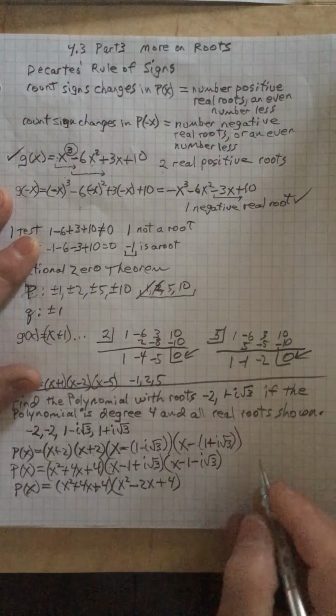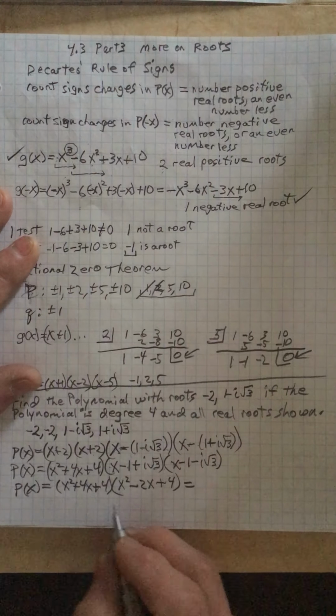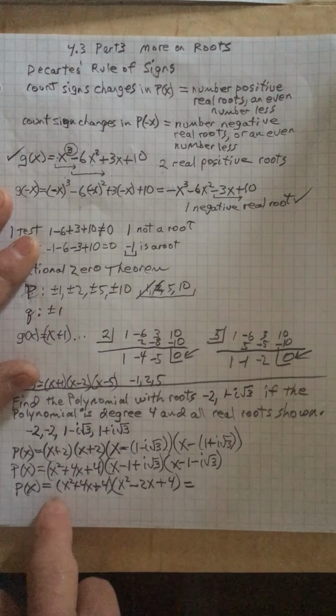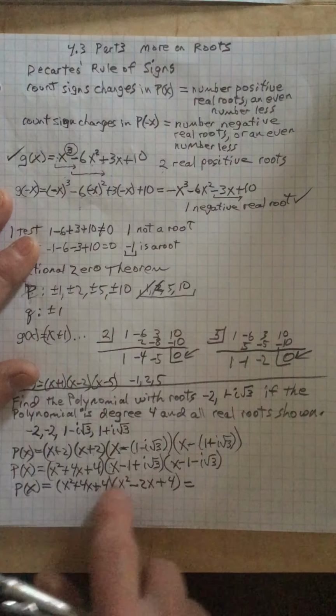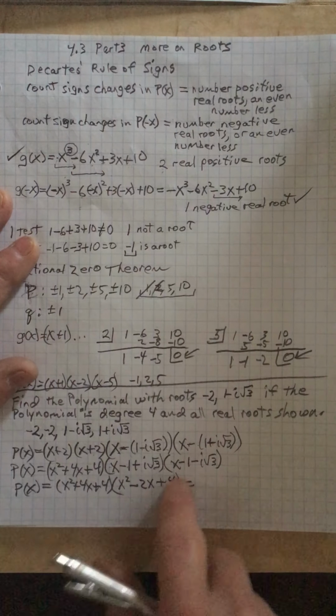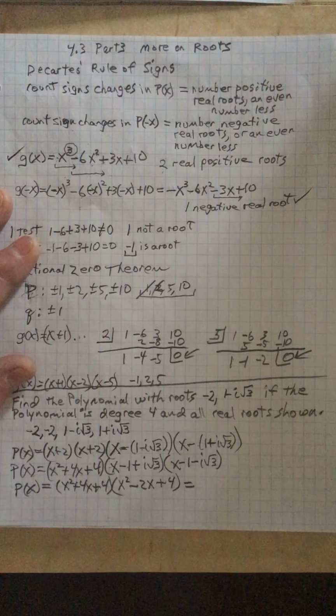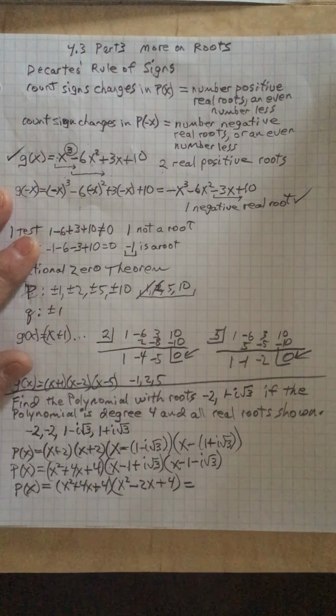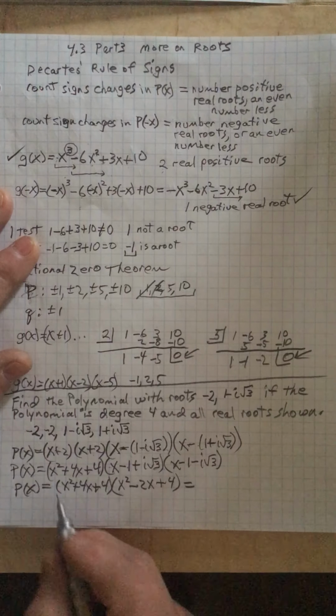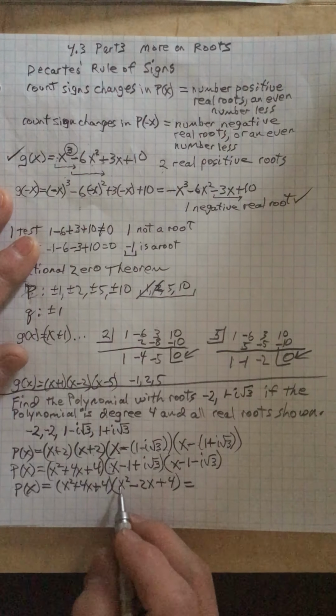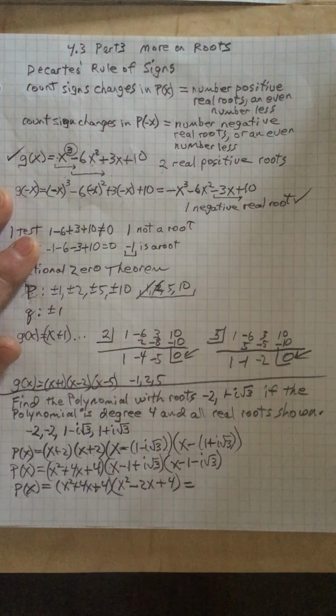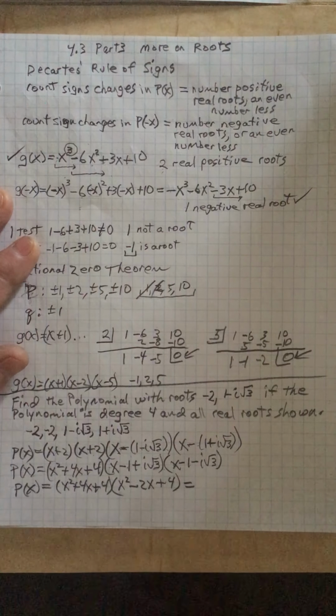And then finally, if you multiply these together, again, that's a lot of multiplications. With that one, you got 3. With this one, you got another 3. Here, another 3. That's going to be 9 different terms. Again, you're going to have to add up all the like terms and stuff. But you can see from the very first multiplication, you're going to get an x to the 4th. So that's our 4th degree polynomial.